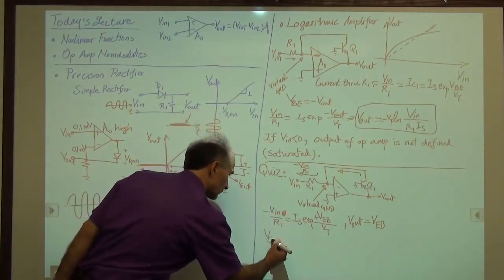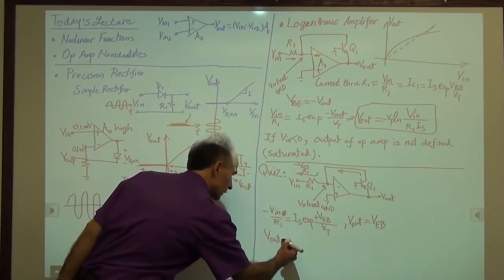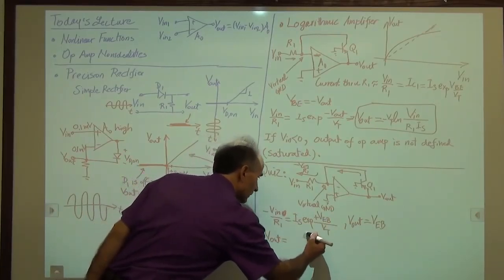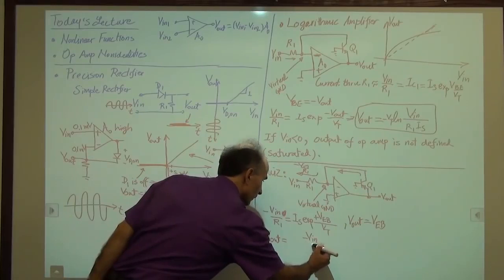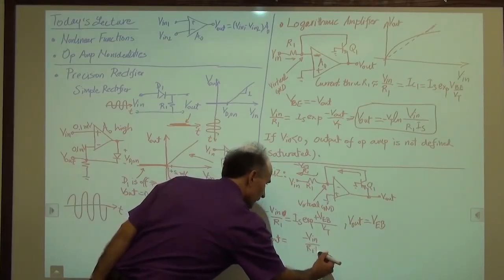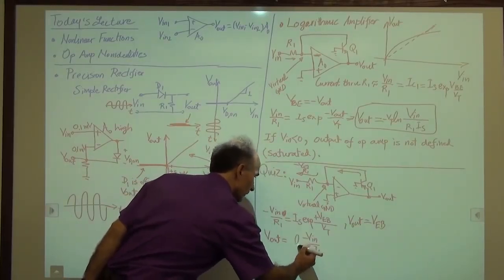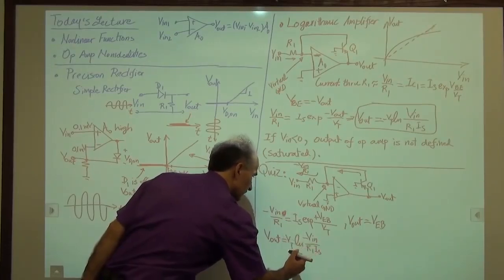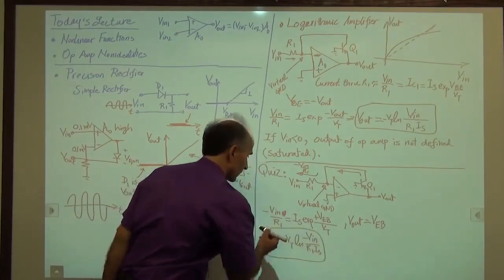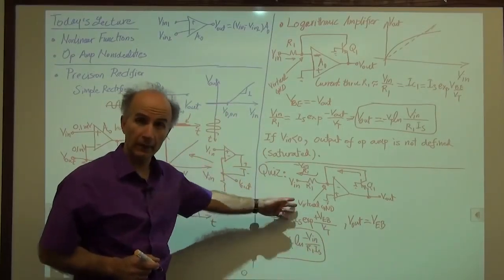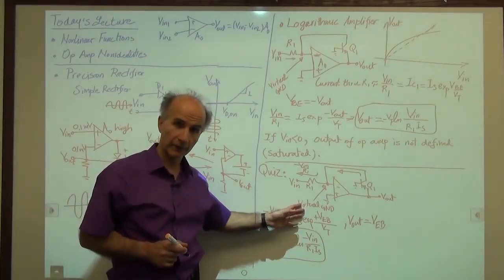So we have Vout is equal to VT times the log of minus Vin over R1 times IS. And this is what we get for this type of logarithmic amplifier.